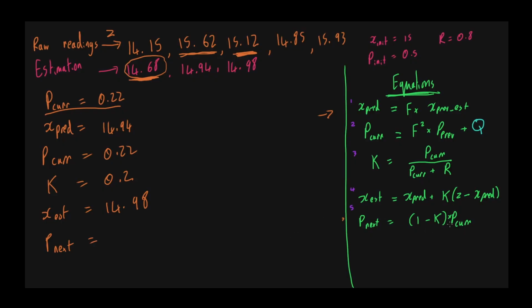That's 1 minus the Kalman gain, which we've calculated here, times the P current, the current state error covariance, which is over here. That will be calculated as 0.17. And so that's the third time step complete. Now I'm going to remember this value here, and then I'll rub this all out and we can do the fourth one.